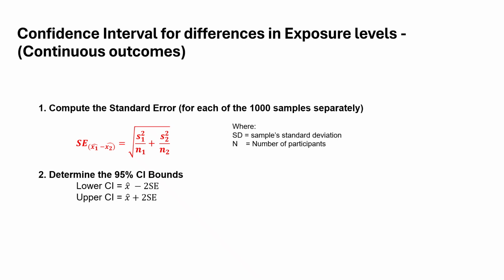Conversely, if your sample size is larger, your standard error is going to be much smaller, and in turn your confidence bound will be more precise and more narrow. Let's do it on SAS, and we will talk more about that over there.